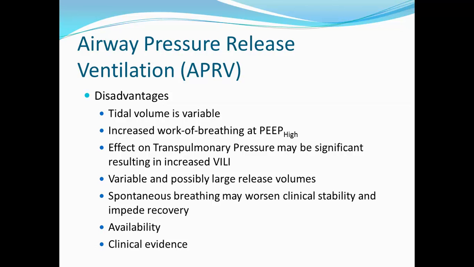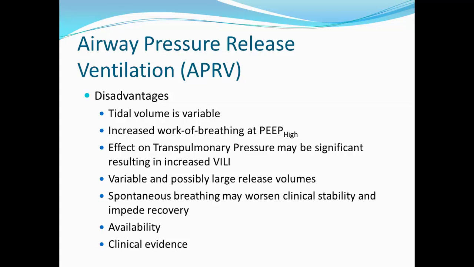For example, if you had an alveolar pressure of 25 and a pleural pressure of -7, if you take 25 minus -7, that equals 25 plus 7, or in this example, the transpulmonary pressure would be 32 centimeters of water. We want to always try to keep the transpulmonary pressure as low as possible, definitely below 30 centimeters of water.